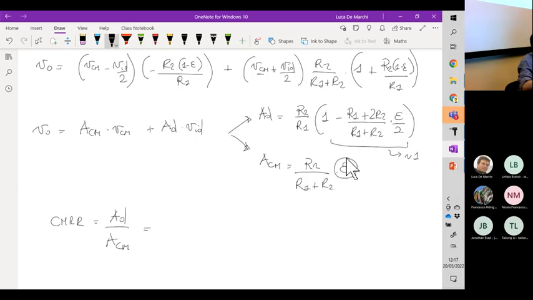But in this case, epsilon is multiplying directly this fixed quantity, so we cannot cancel out epsilon from this expression. So bottom line is that a good approximation of the common mode rejection ratio is R2 over R1 divided by R2 over R1 plus R2 times epsilon.